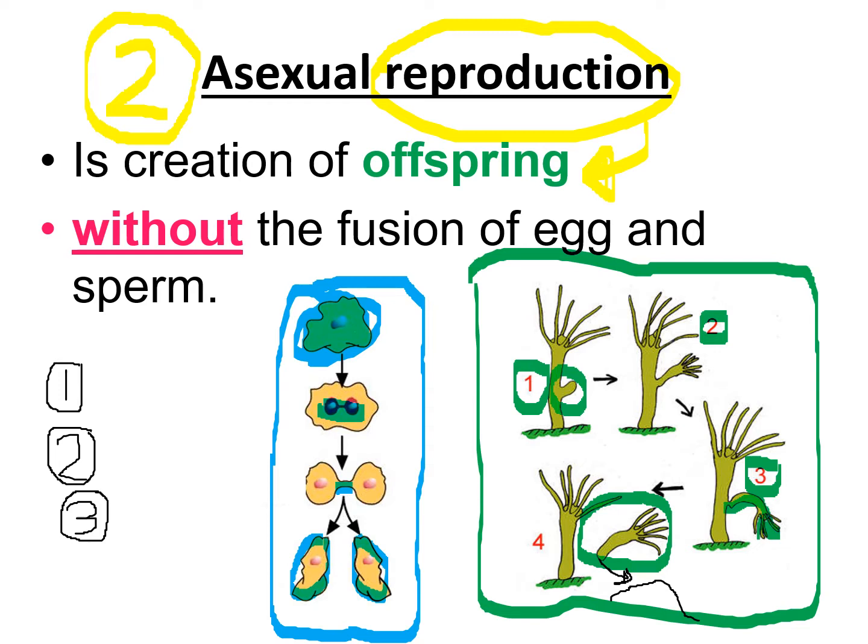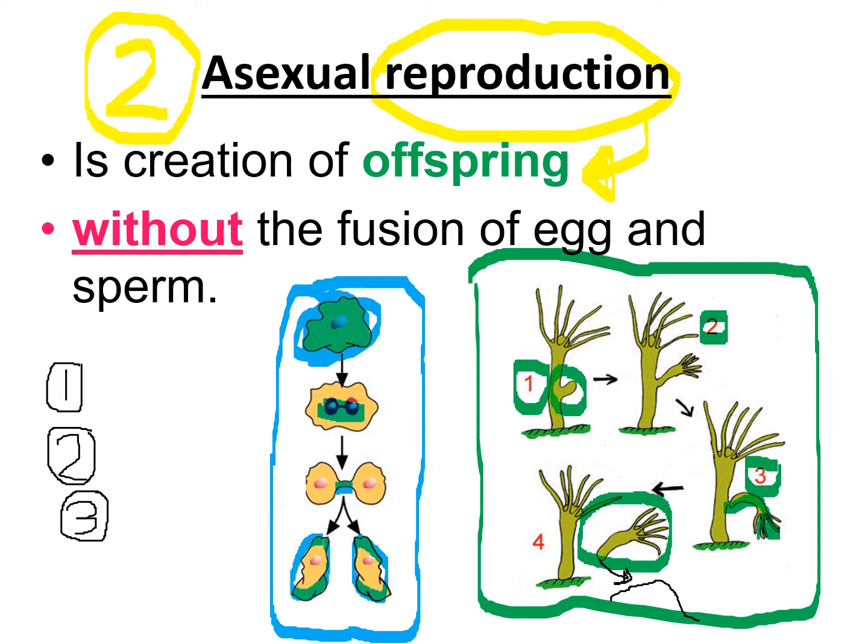And if a certain section gets removed, maybe from a predator or due to a harsh environmental condition, it is possible that firstly, the starfish can grow that section back, but also that section that has fallen off itself can also grow into a new organism. So the reason why it's called fragmentation is because it focuses on the concept or the idea of fragments.